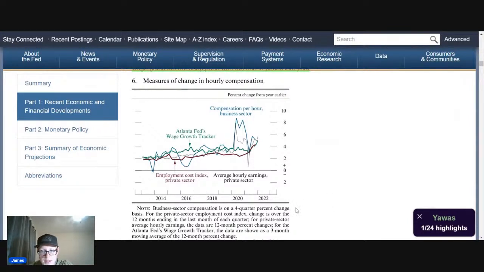So the previous CPI print was 7.5 for 2021, which is here. We see our biggest one, it looks like just below 6%, and that is the private sector, with the lowest one being whatever this employment cost index is.